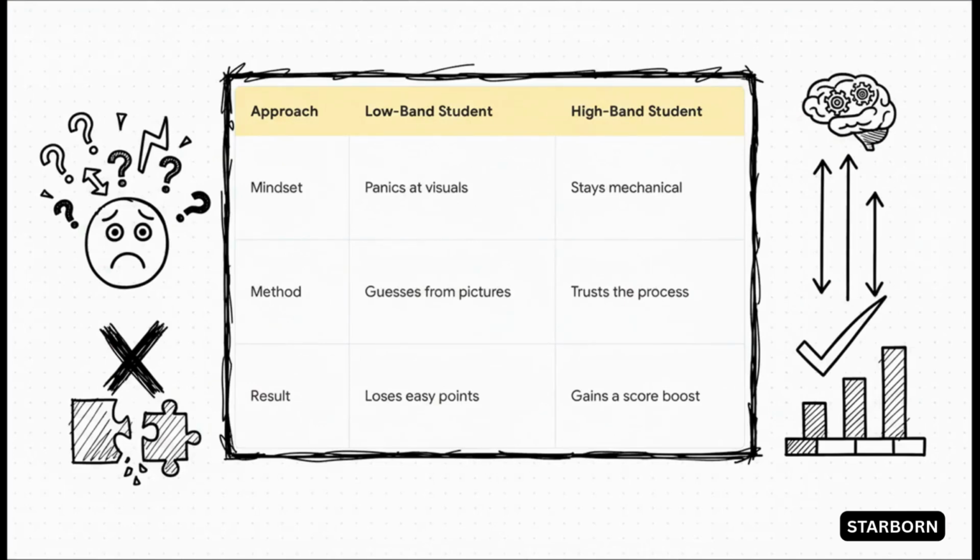A low band student sees the visual, freaks out, and just starts guessing from the picture. But a high band student, they ignore the panic, they stay mechanical, and they just trust the process. The result is a quiet but really significant score boost from questions that most other people are getting wrong.